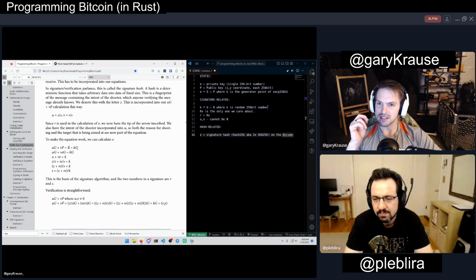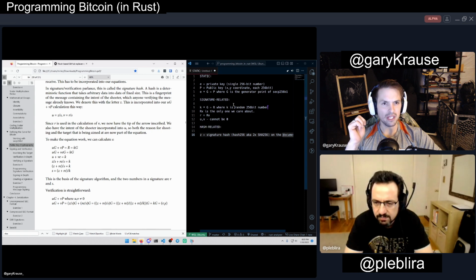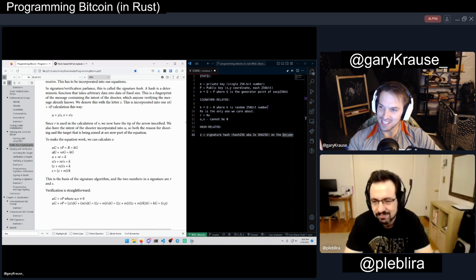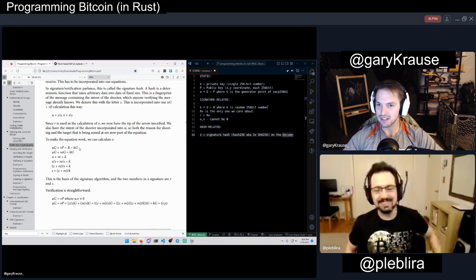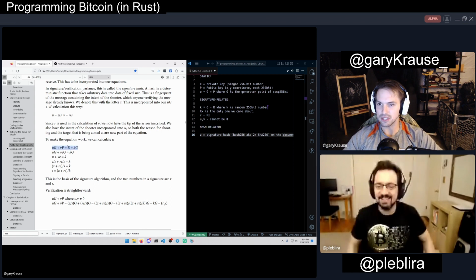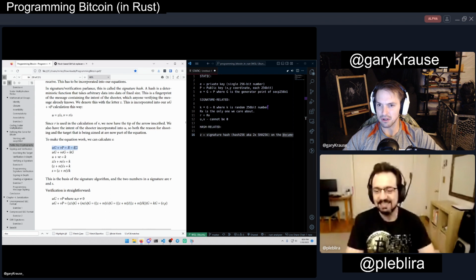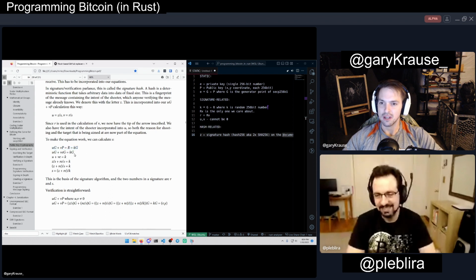So with this, we're injecting E here. Oh wait, because P is equal to E times G, right? So this makes sense. This is why I needed to write this stuff down. So we have this UG plus VP equals R, also equals KG.